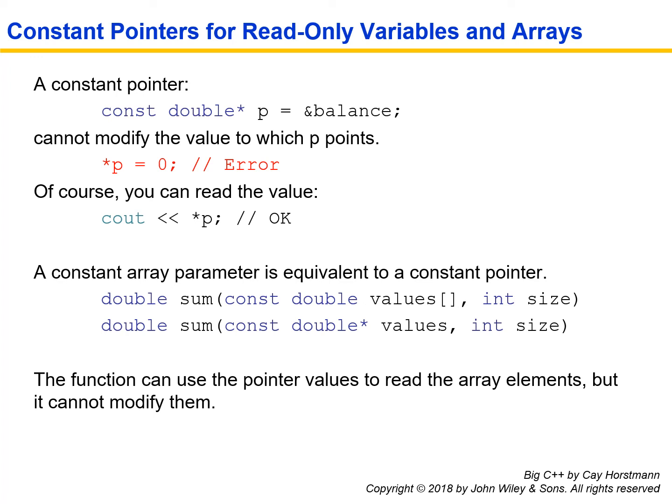So you cannot use p, because it's declared as a constant pointer, to change the value, but you can still use p to read the value. You can cout << *p, that's fine. Or you can add *p to total balance or something like that. So a const double* value parameter in a function is the same as a const double values[] array. A const array parameter and a const pointer parameter are exactly the same thing.